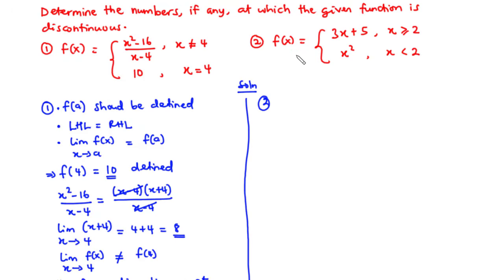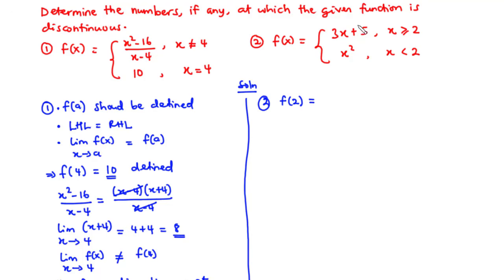So for question 2, we have f of x equals 3x plus 5, where x is greater than or equal to 2, and then x squared, where x is less than 2. So first of all, let's find f of a. So that is f of 2, because we have 2 and then 2 here. Now f of 2 is found in this domain because we have x is greater than or equal to 2, which contains 2.